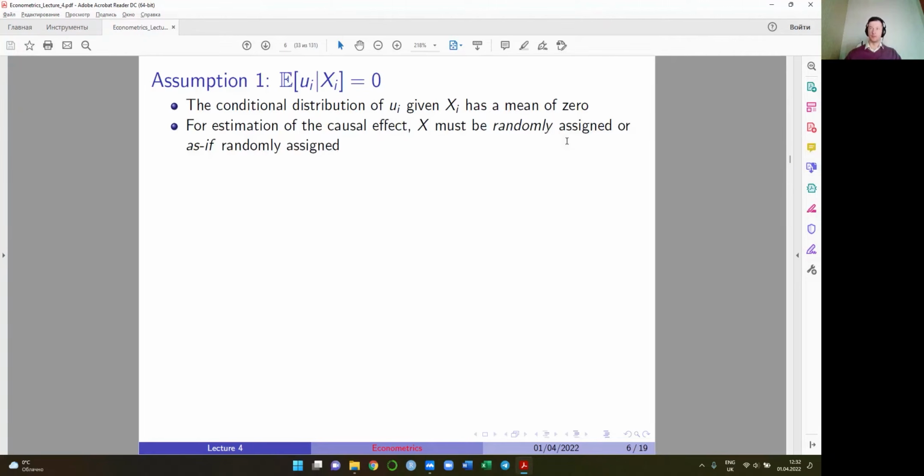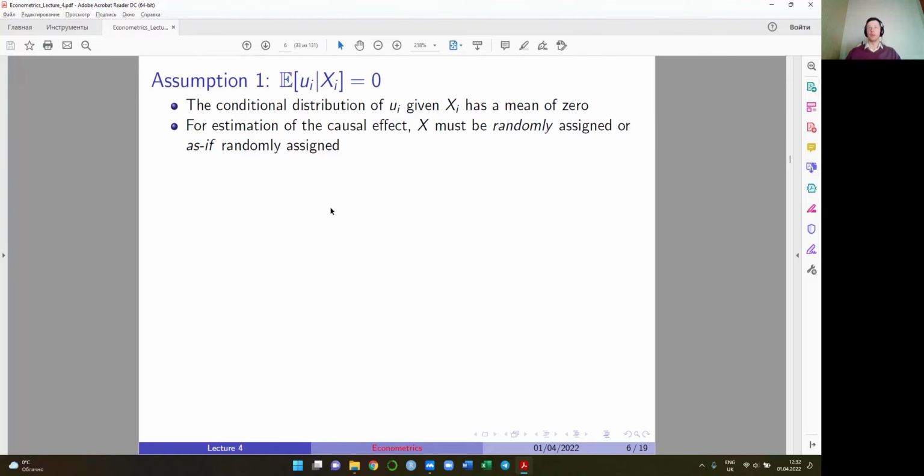But as we also know, in many cases this is not possible because we are working with observational data. We cannot conduct experiments on people, especially in economics. That is why it must be as if randomly assigned. So we believe that this is randomly assigned, but not exactly.